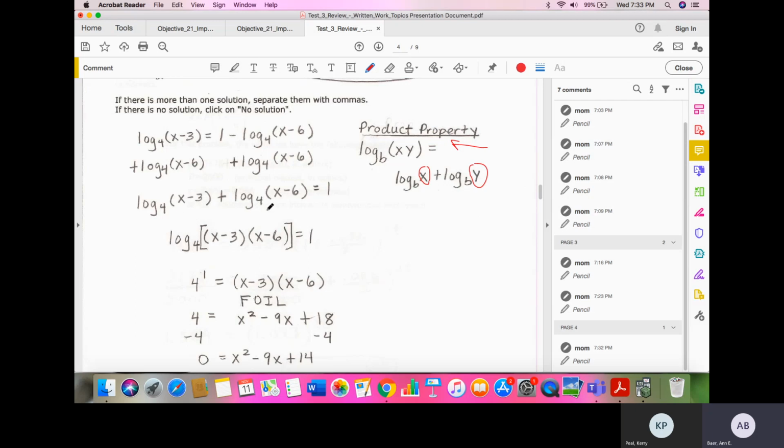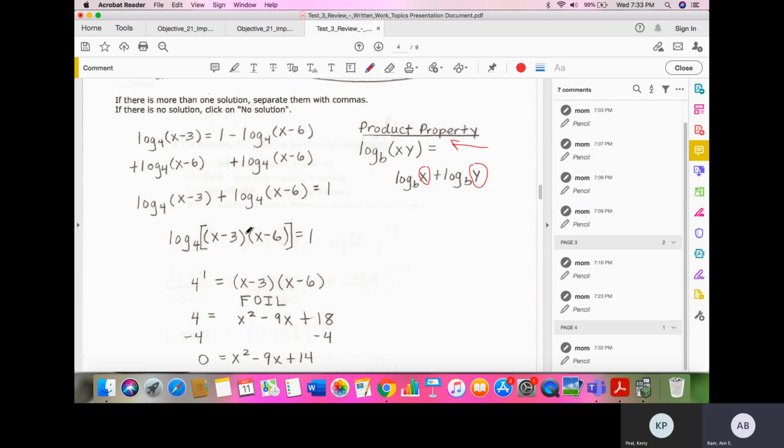So both of our logs do, so we're going to write log base 4, down off the normal line of writing a little bit, and we're going to take this argument and this argument and multiply them together. So we have x minus 3 as an argument and x minus 6 as an argument, multiplied together.